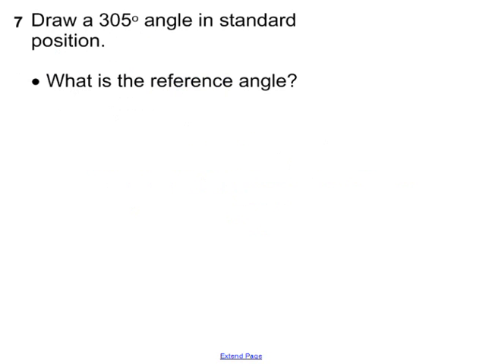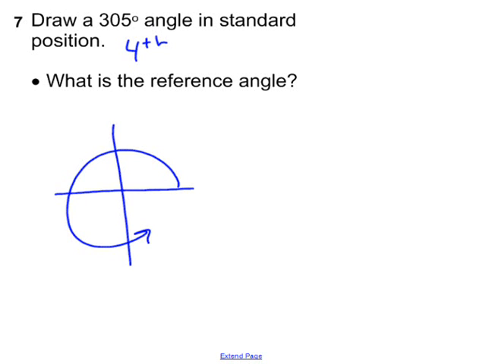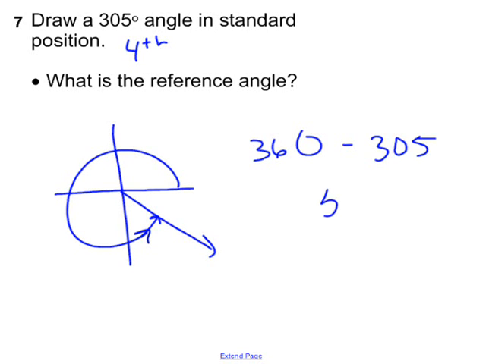All right, one more quadrant to investigate. Let's look at our fourth quadrant angle, which is 305 degrees. 305 is going to leave me with the reference angle. I take 360, subtract 305, and my reference angle is 55 degrees.